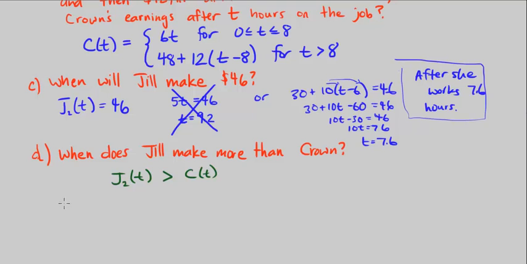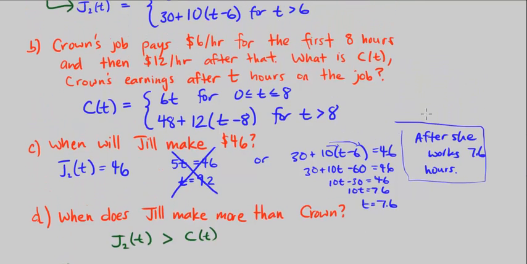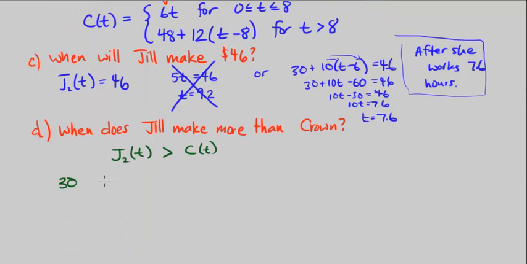We know J of T is 30 plus 10 times T minus 6. And when is this greater than Crown's money, 6T? At the same time, this is where and or mean different things, because we want to know at the same time.